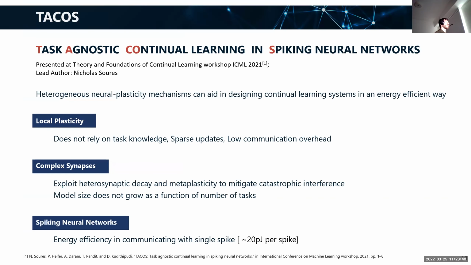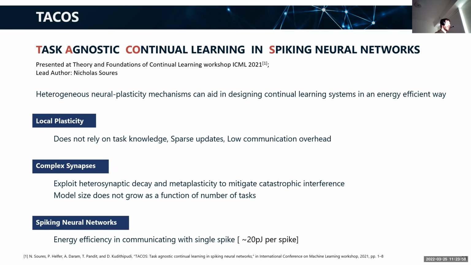So, again, what my title was originally going to be was Task Agnostic Continual Learning in Spiking Neural Networks, or TACOS for short. And as Dr. Pudipudi mentioned earlier, we presented this at the ICML workshop for the theory and foundations of continual learning.